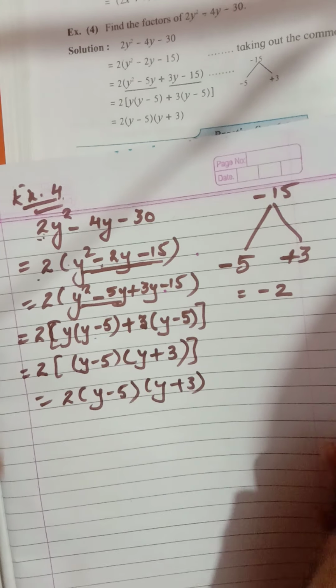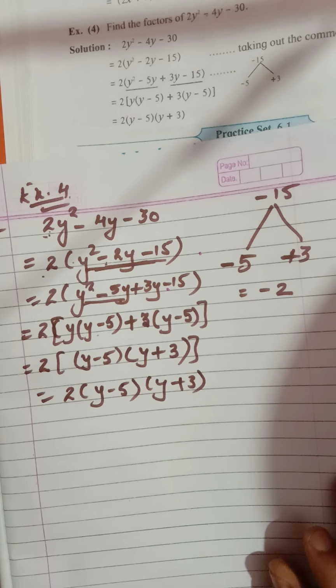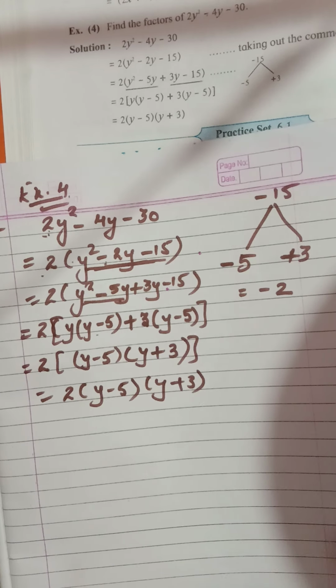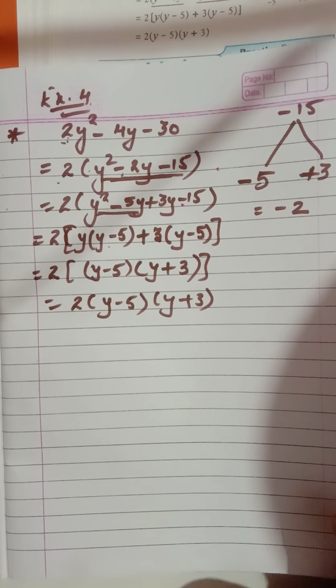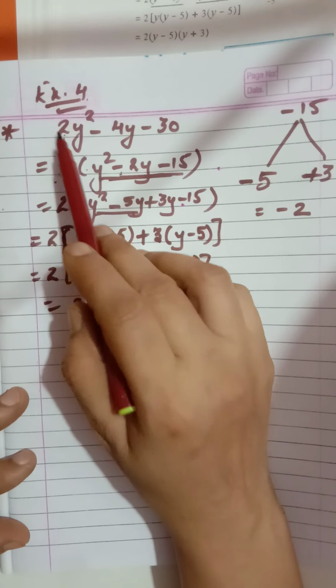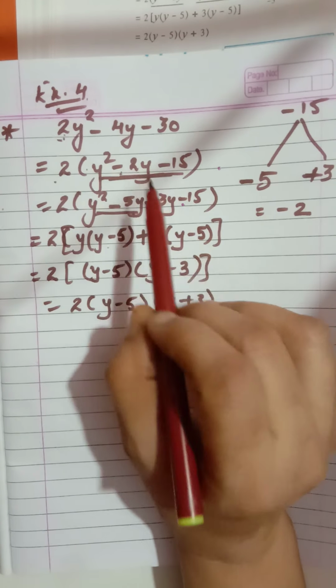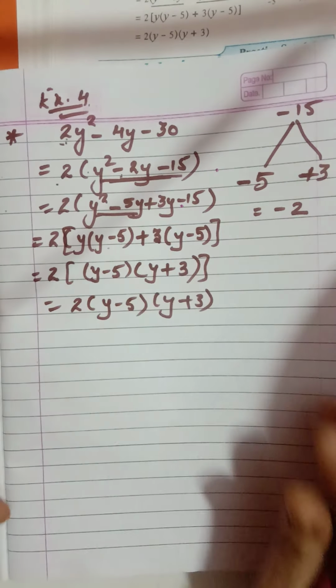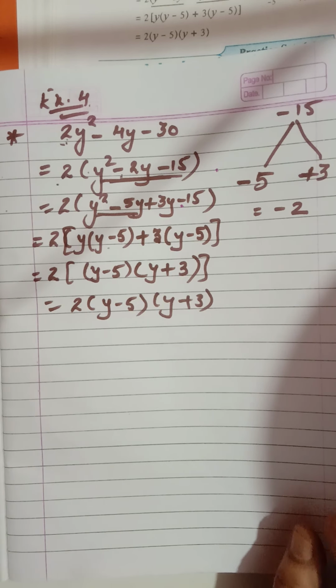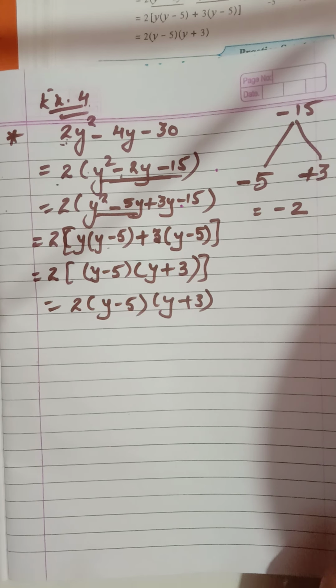Okay children, so this is the last sum of your solved examples of the textbook. I hope you have understood. The only thing is that some children, if you want, can do the sum without removing common also, but then in the last step you have to remove common. So it's better that initially we remove common.